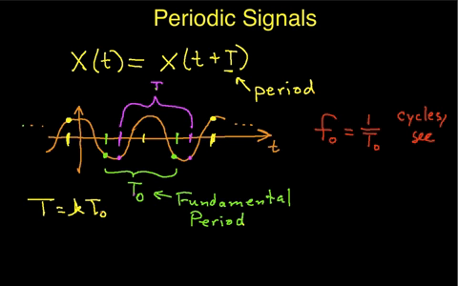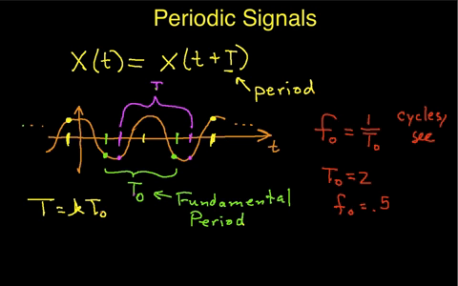So if T0 is 2 seconds, then F0 is going to be 0.5. So that means my fundamental frequency is 0.5 cycles per second. It takes me 2 seconds to go through one single cycle.